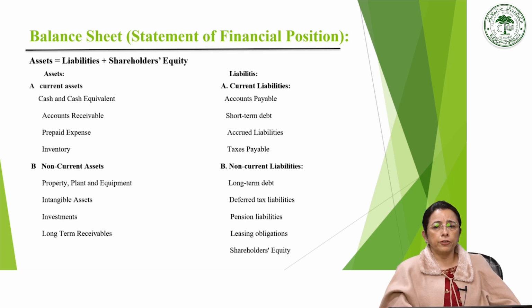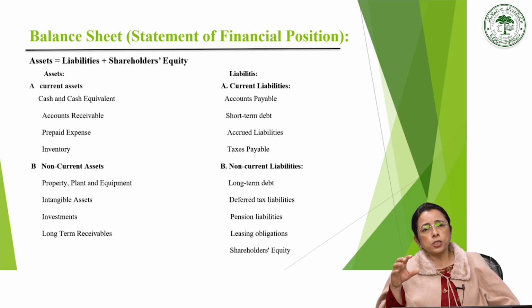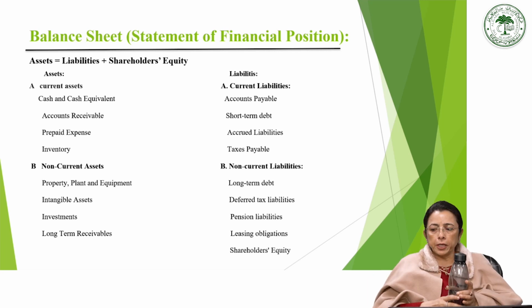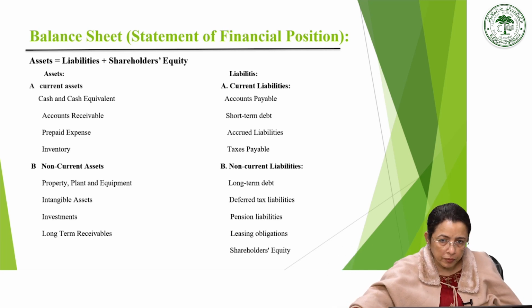After that, we have deferred tax liability. That is, you have deferred the tax liability and you have to pay it in some future period. Then there are pension liabilities, which are related to the employees of the company or business who have to be paid pension in future years.